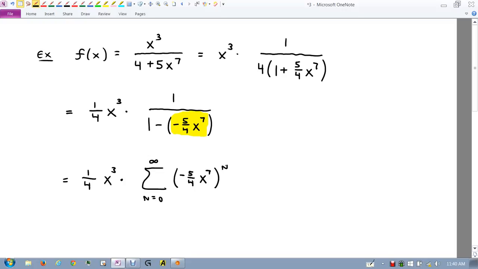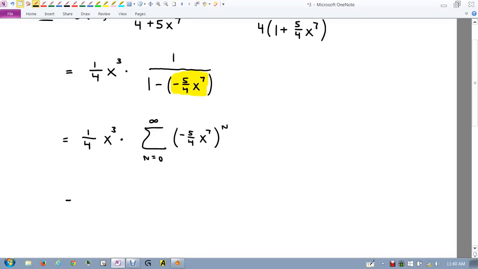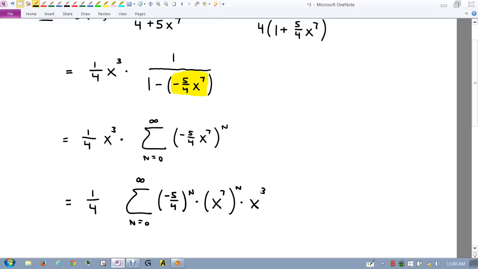We don't like that negative 5/4 attached to the x, so I'm going to peel it off. I'll go negative 5/4 to the n, then x to the 7th to the n, and then what? Where did my x cubed go? I'm going to put it back in. That would be okay.